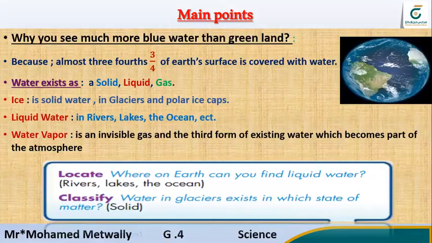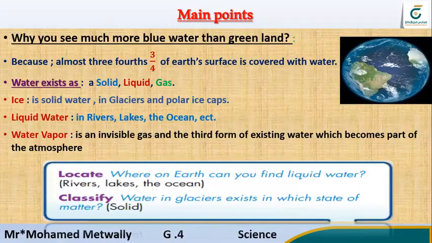You know that water exists as solid, liquid, and gas. There are three states of water. The solid form is ice. Ice is solid water. You can find ice in glaciers and polar ice caps. Liquid is the second state of water. You can find water in the form of liquid in rivers, lakes, oceans, ponds, and so on.